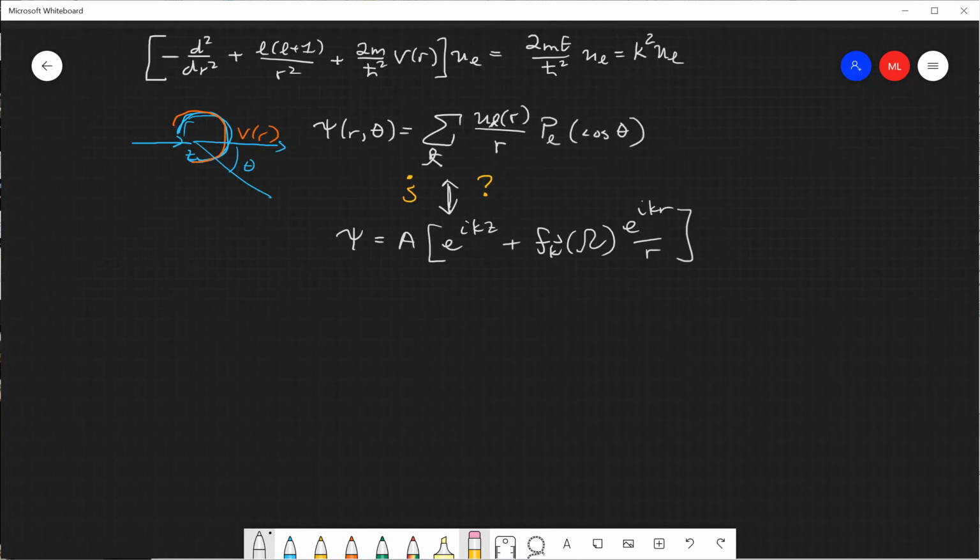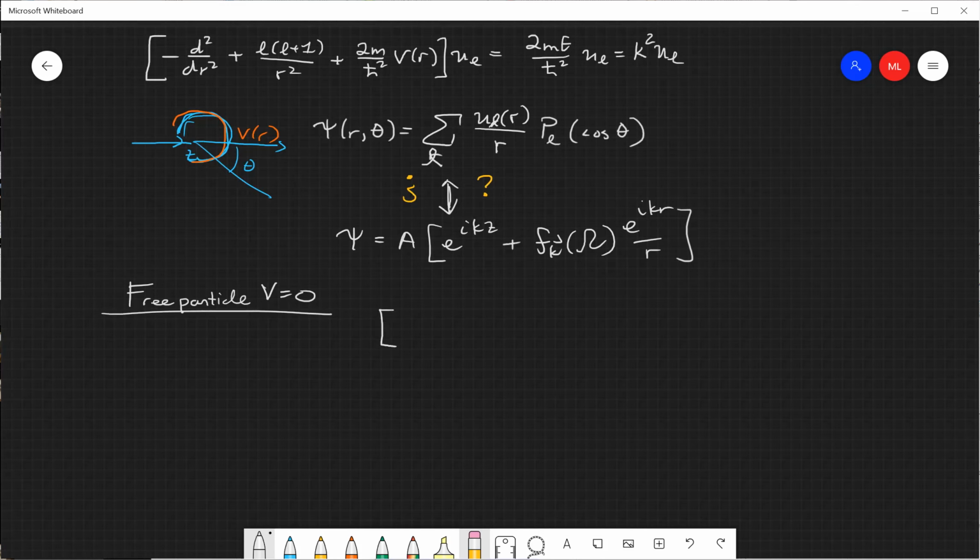So the way you would begin is by looking at a free particle, which has V equals 0. You can actually solve that differential equation. Now it becomes quite a simple differential equation. Well, simple-ish.